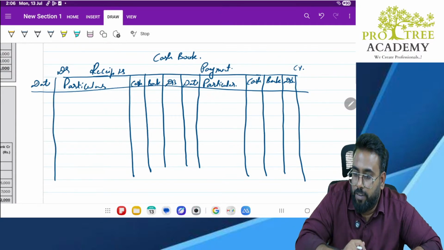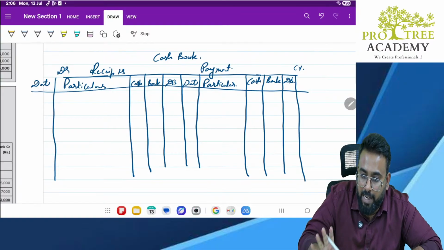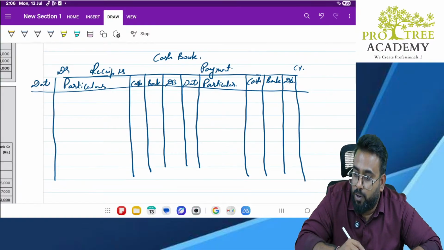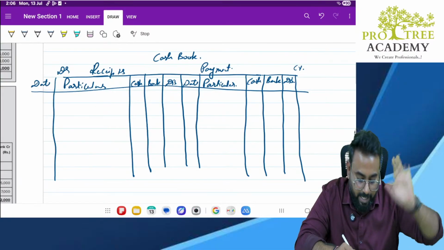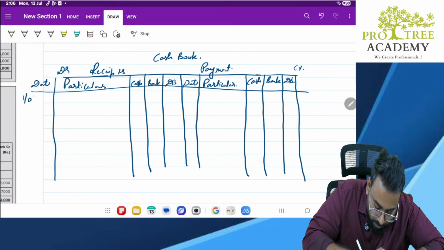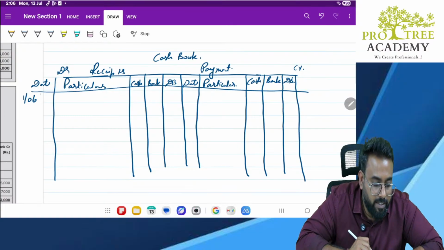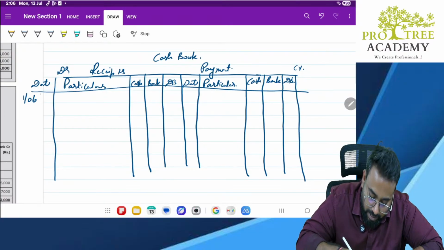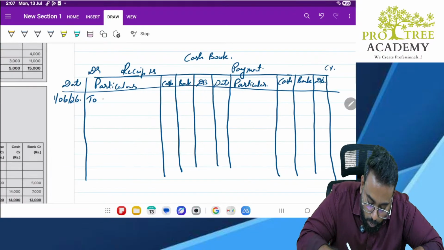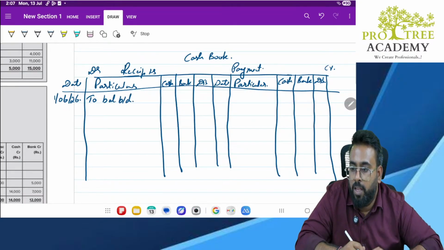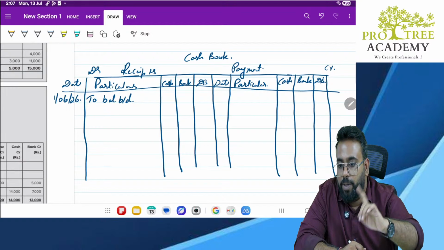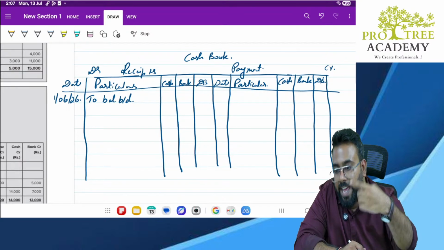So 1st June, we had opening balance, correct or no? Asset account, always start with the debit side. So 1st June, let's take 2026 only, we are in the year 2026. So what will be? To balance brought down. I always told you, closing balance or balancing figure will be to balance carried down.